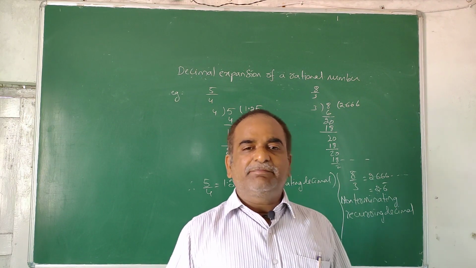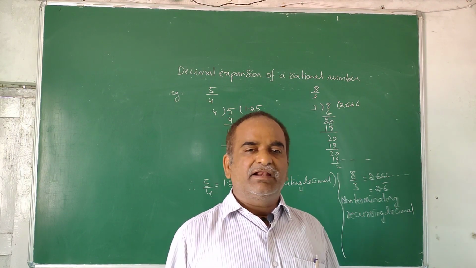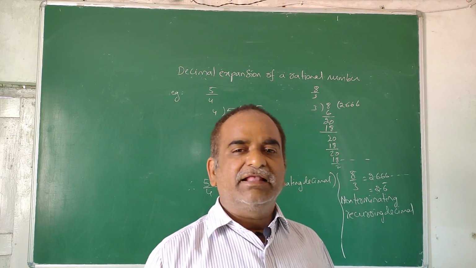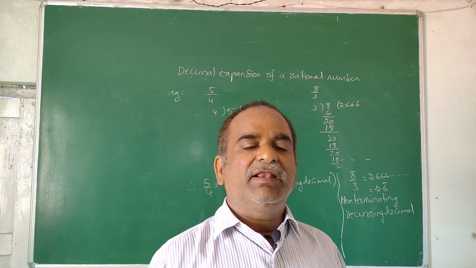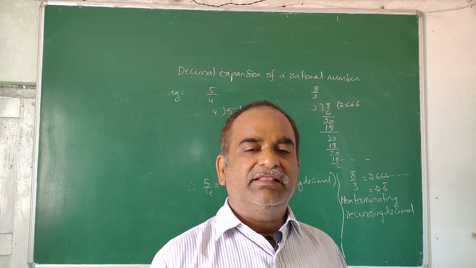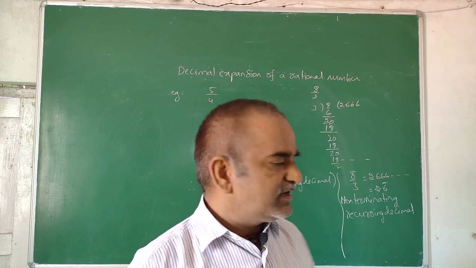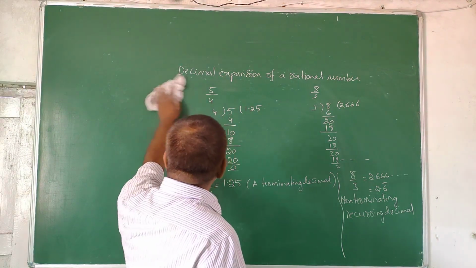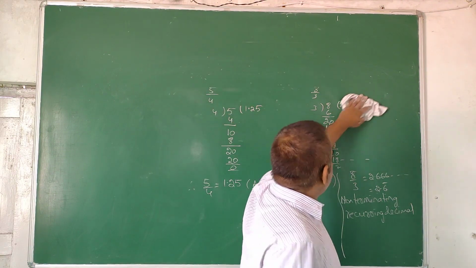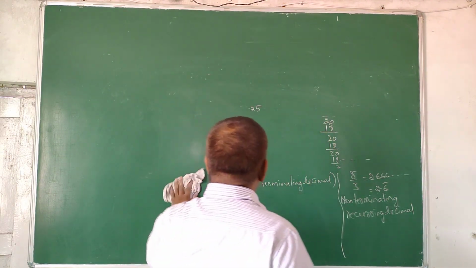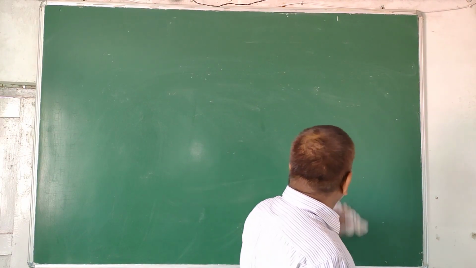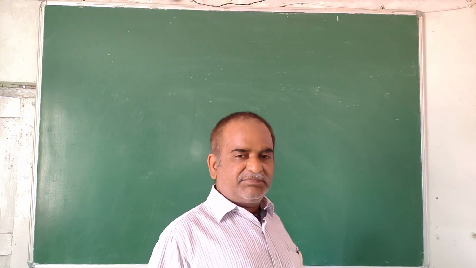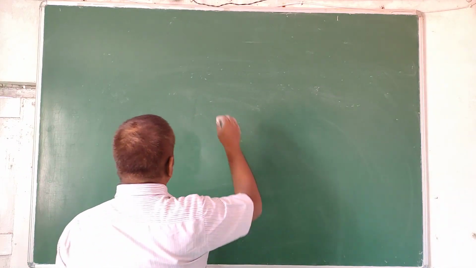So the decimal expansion of a rational number is always either a terminating decimal or a non-terminating recurring decimal. Did you understand? Now, how to express decimal expansions in P by Q form? This is our next point of discussion.